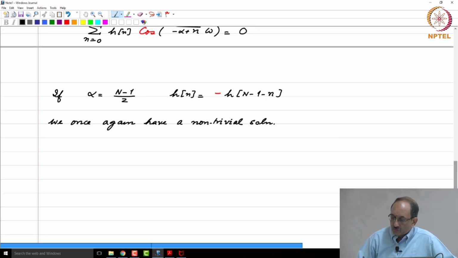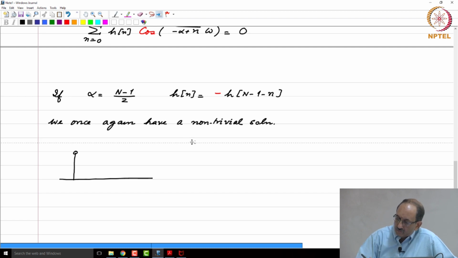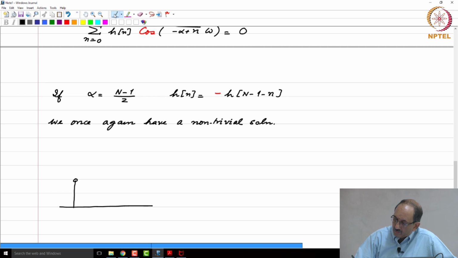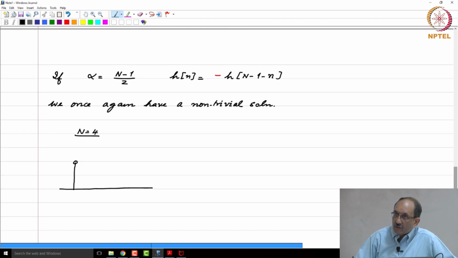Again, just to quickly get a feel for this, let us look at two simple examples. Therefore, if you had, say, N equals 4, you need odd symmetry. Therefore, this goes from 0, 1, 2 to 3.